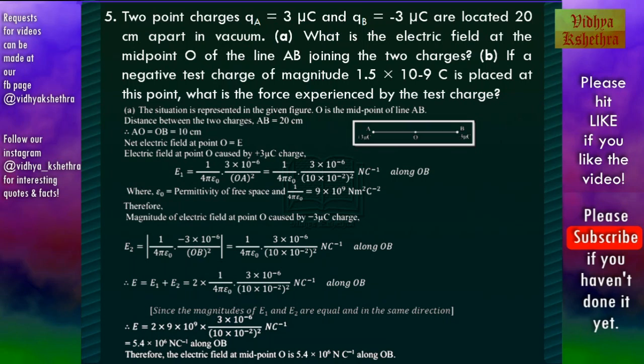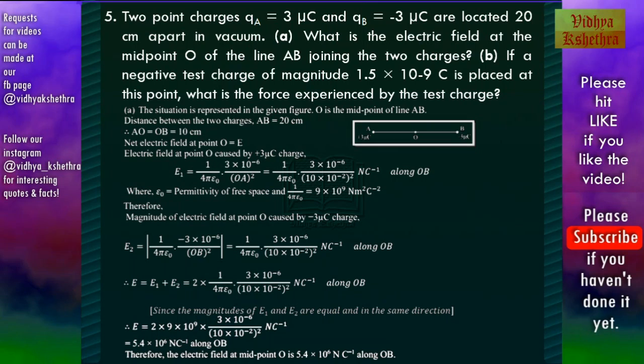Hence, the net electric field at O is given by E1 plus E2. Since the magnitudes of E1 and E2 are equal and in the same direction, E is equal to 2 into 9 into 10 raised to 9 into 3 into 10 raised to minus 6 by 10 into 10 raised to minus 2 the whole square Newton per Coulomb, which is equal to 5.4 into 10 raised to 6 Newton per Coulomb along OB.